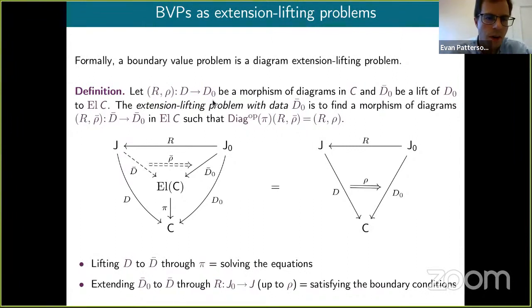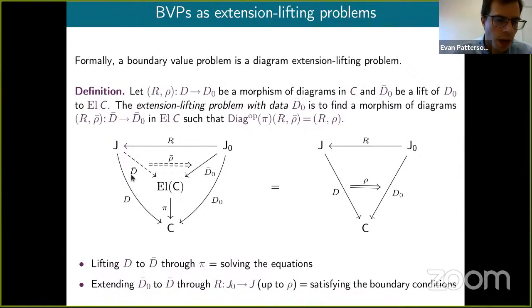If I have a morphism of diagrams D to D naught, which represents the boundary value problem, and I also have some data, so this would be a lift of D naught, then the goal is to find a lift of this morphism of diagrams that projects back down to my original one.